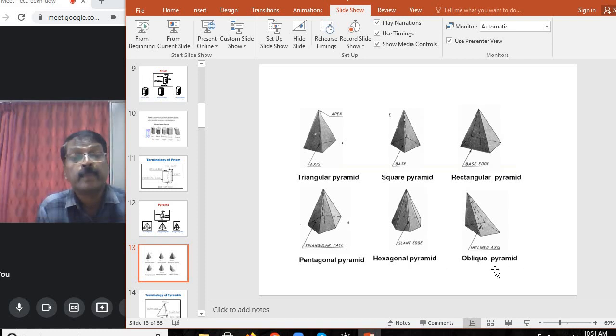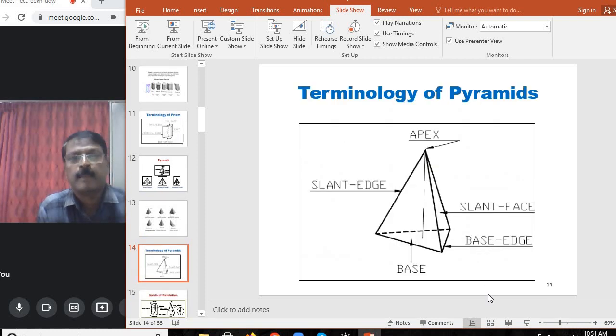What is a regular pyramid and what is an oblique pyramid? In the regular pyramid, all the base edges are equal in length and all the included angles are equal, and for oblique pyramid the angles are not equal. Terminology of pyramid. So a pyramid consists of a triangular base, a vertex or apex, and a slant edge, the straight line connecting the apex and the base corner.